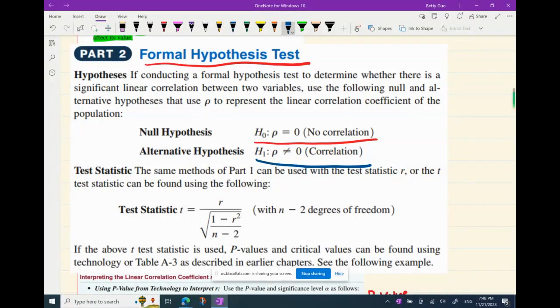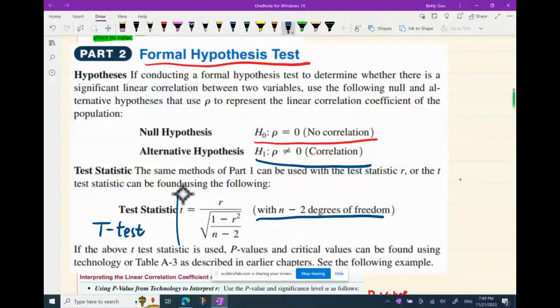It's going to be a two-tailed t-test with n minus 2 as the degrees of freedom.